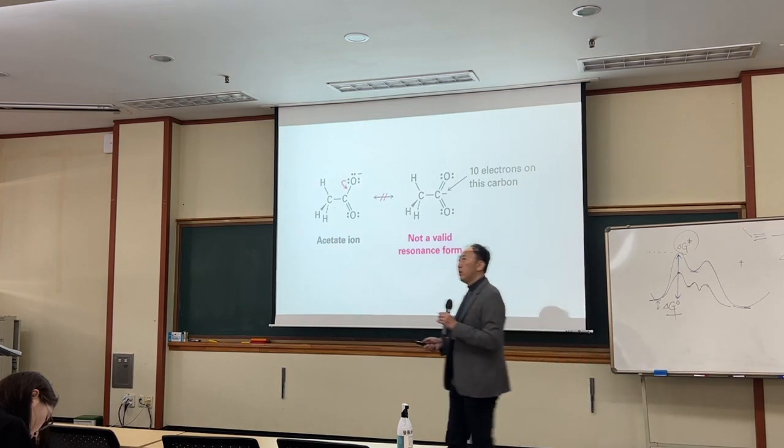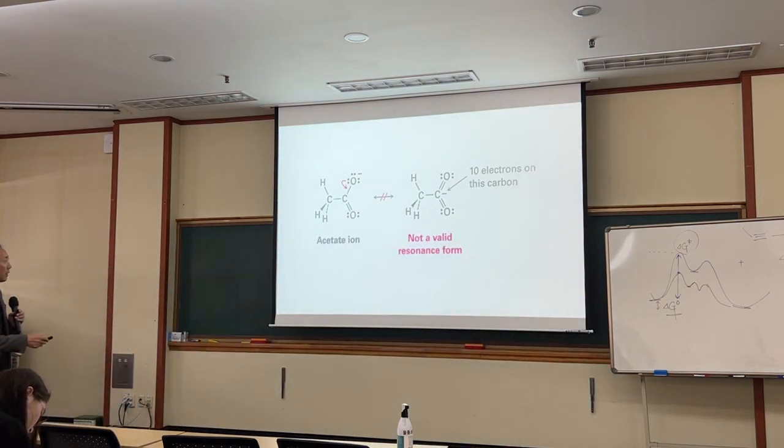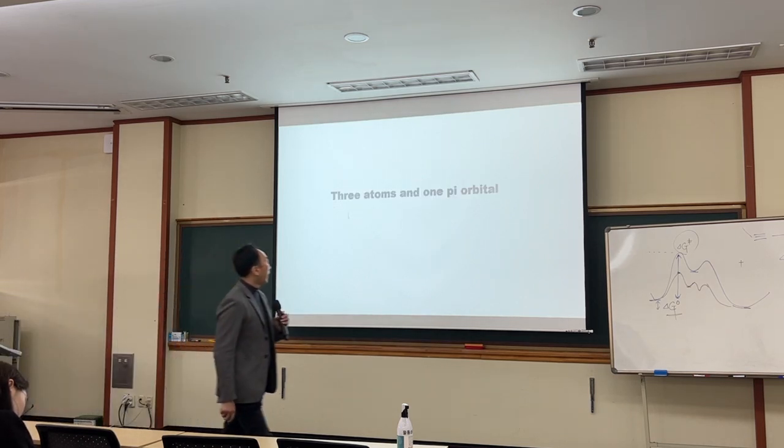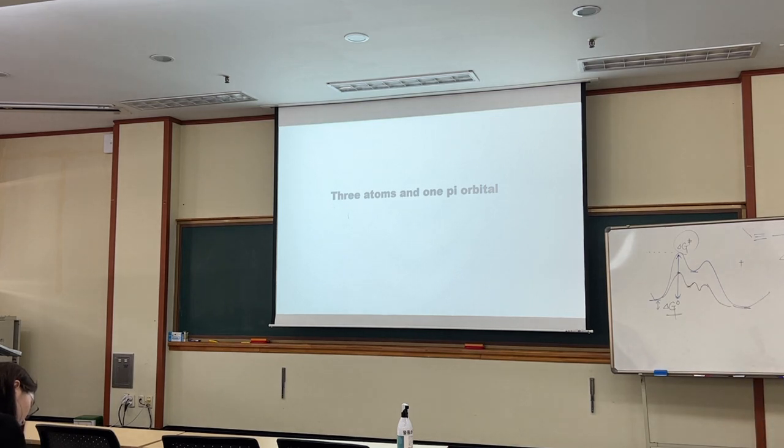Anyway, if an electron moves, it should always satisfy the octet rule. That's why once this is moving, this is two electrons moving, right? Two electrons moved, then this should push it down and finish those moves. This kind of resonance usually happens with one pi bond and three atoms.